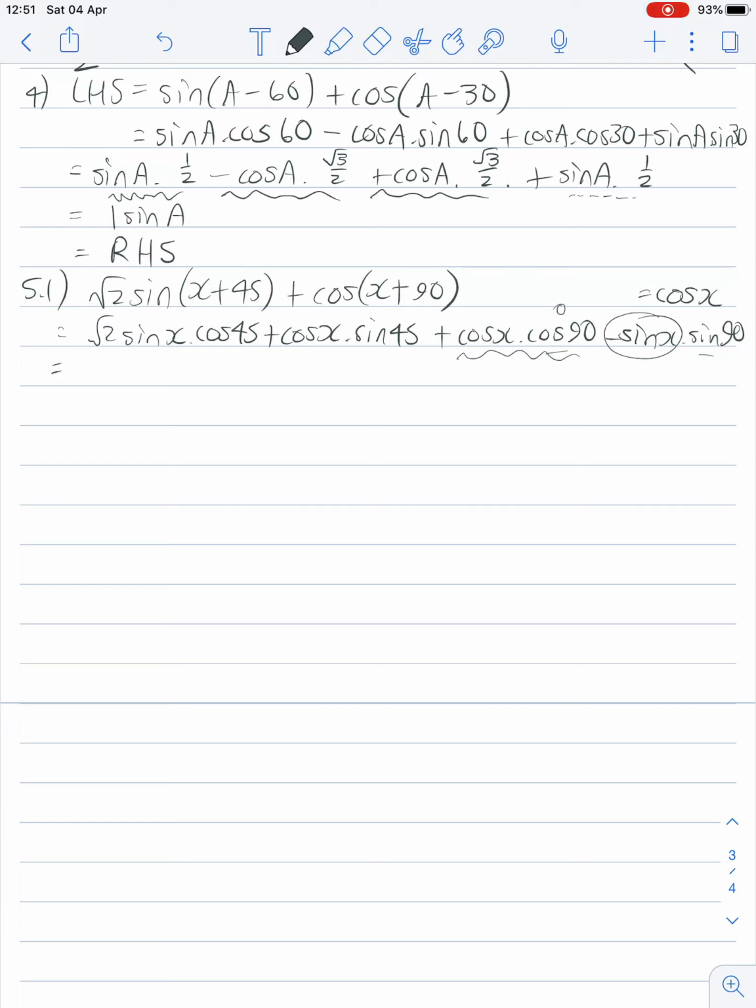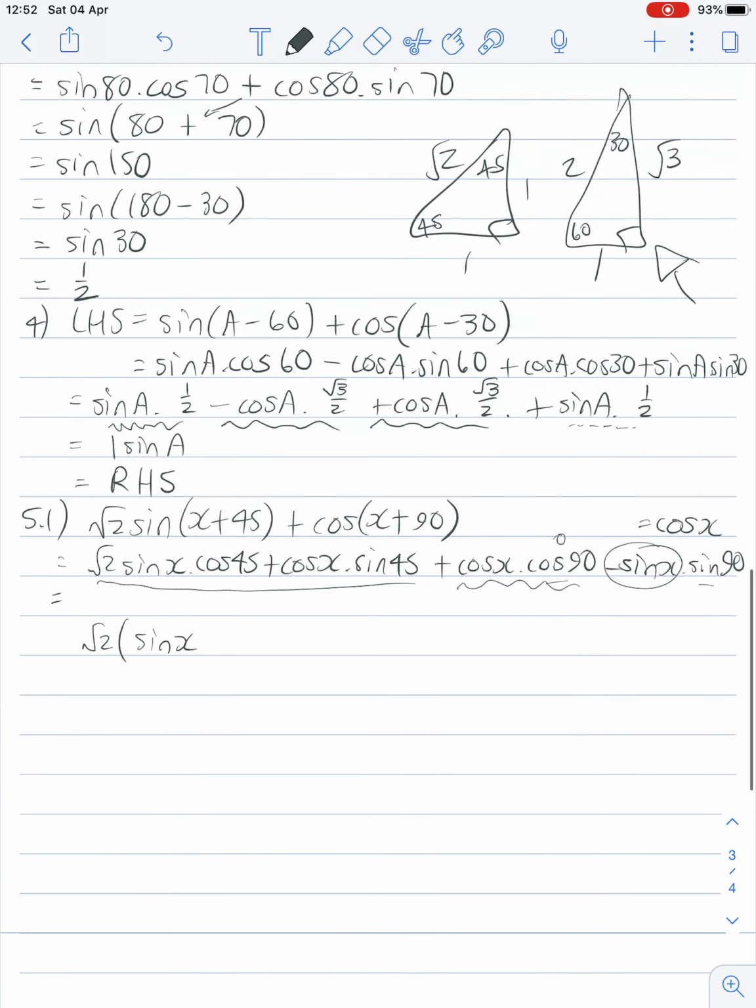Now we look again at this term over here, one big term. I'm going to take out a root 2. What is left? I've got sine x left. Now what is cos 45? Remember, cos 45 here is 1 over root 2.